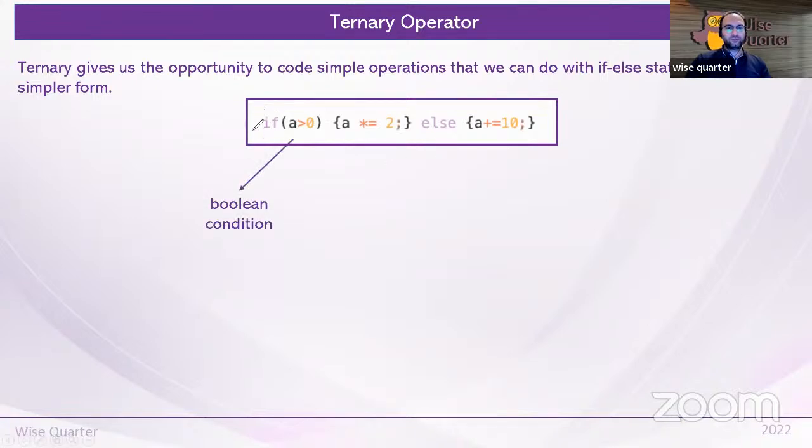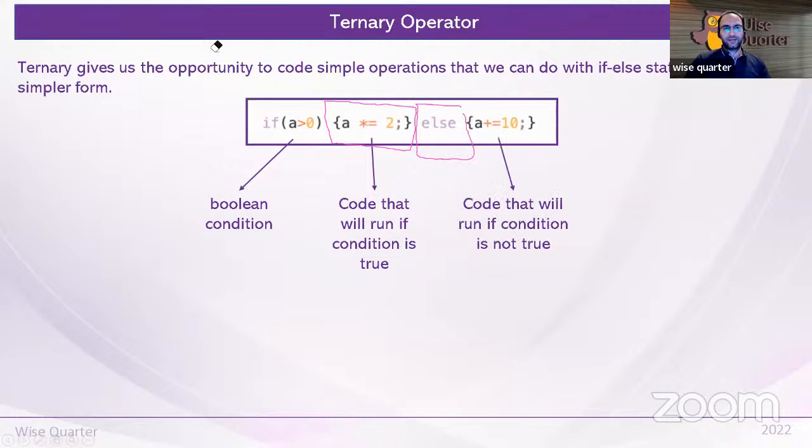This is the condition. If a is higher than 0, do this. If the condition is true, this code will be executed. If it is false, I mean else, do that.